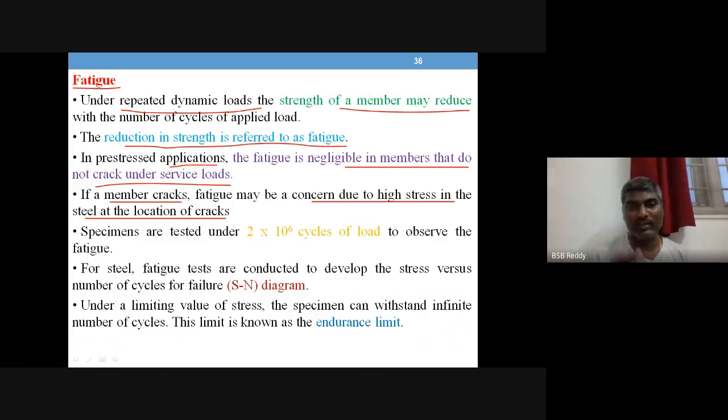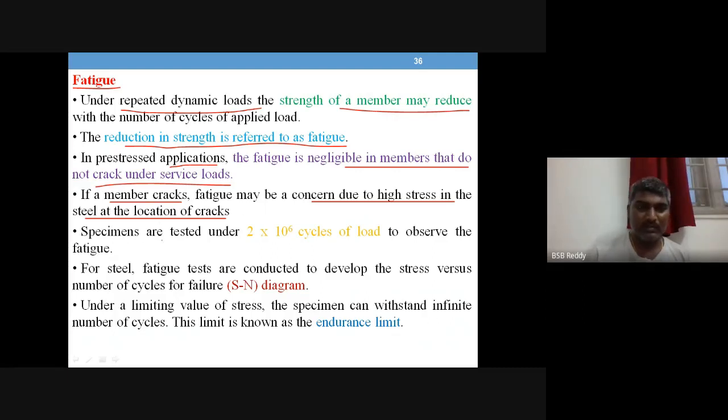There are three types of pre-stressed members: one where we don't allow any tensile stress, which is zero, no cracking, uncracked sections; second, where we allow some tensile stress to develop but there won't be any cracks; and third, where we permit cracked members up to certain limited tensile stress values. These are the three types of members.